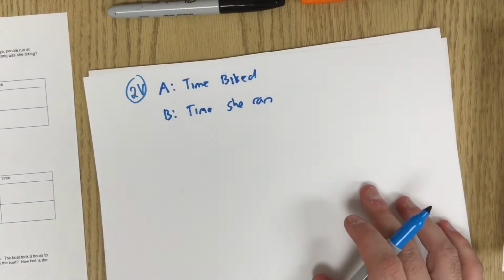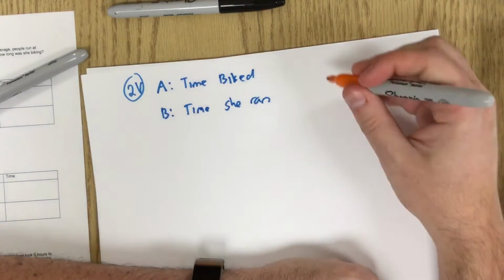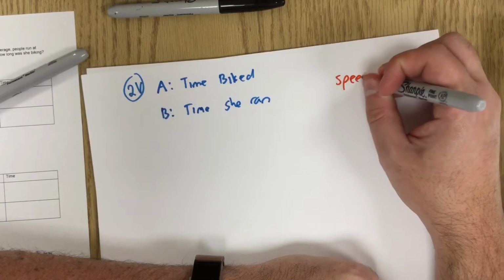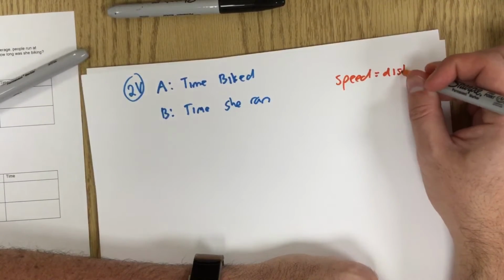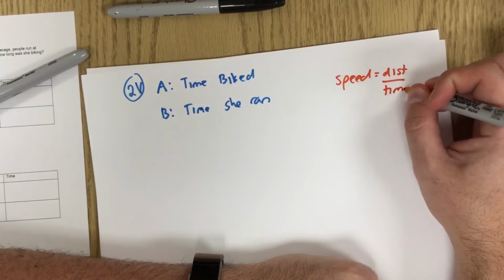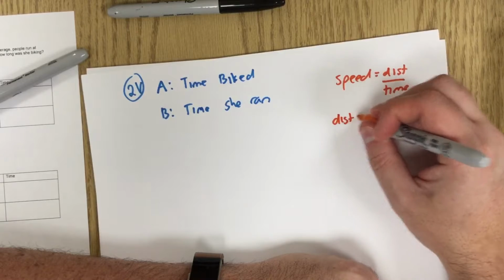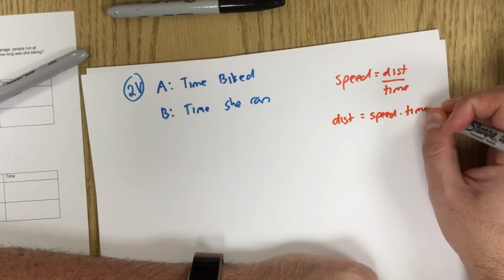Before we do the equations, we have to remember something briefly. Speed equals distance over time. And we can rearrange that to say that distance equals speed times time.